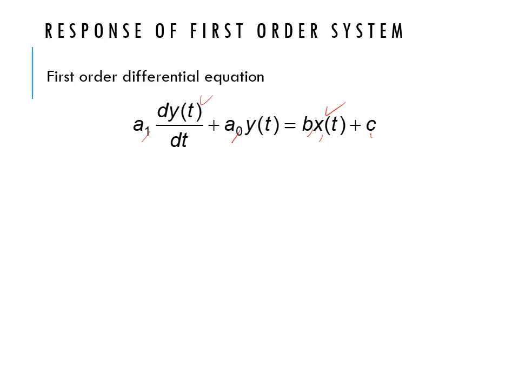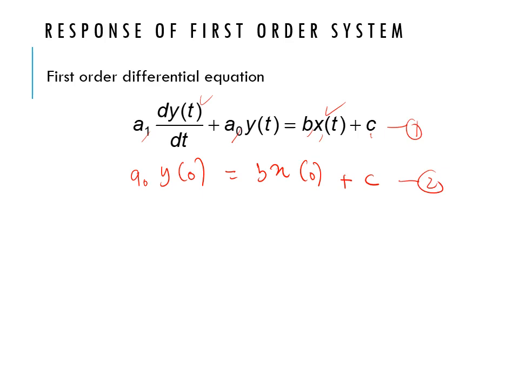So this is the equation: a0 y0 equals b x0 plus c. Note that this equation establishes a relationship between the initial values of x and y, and then you need to subtract the first equation from the second equation.